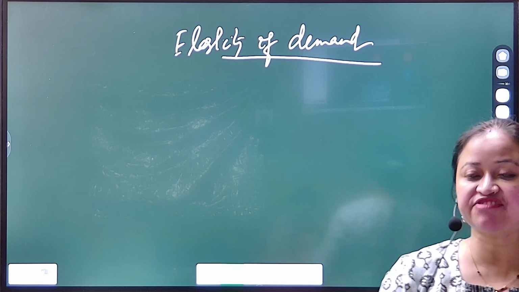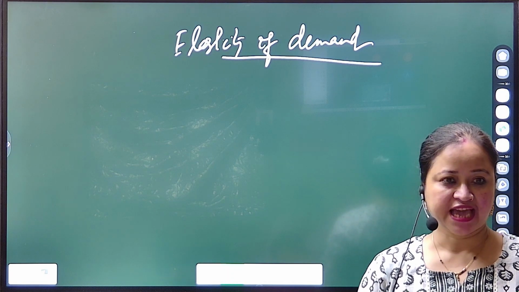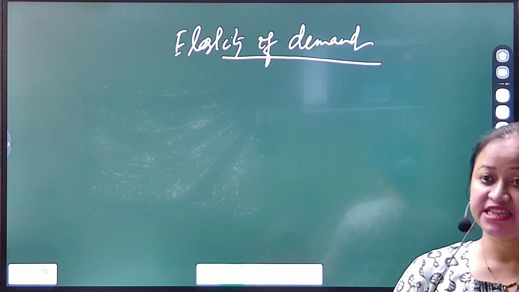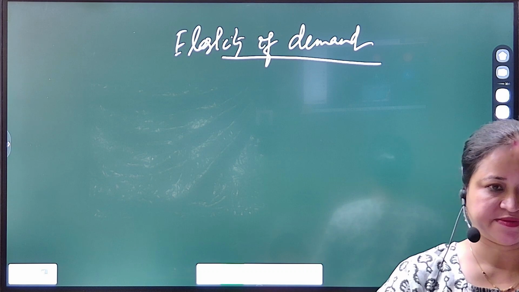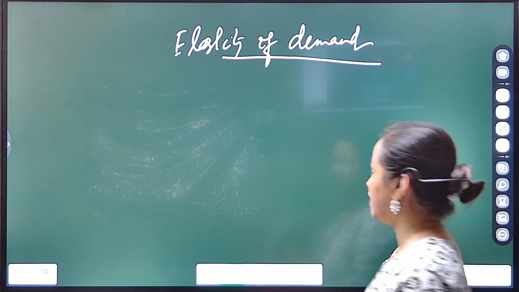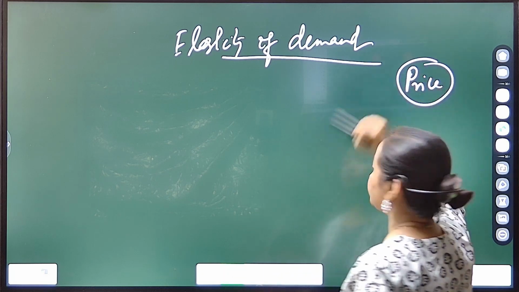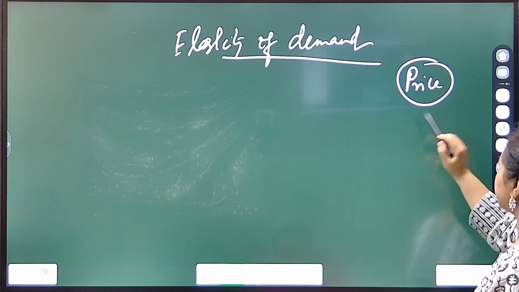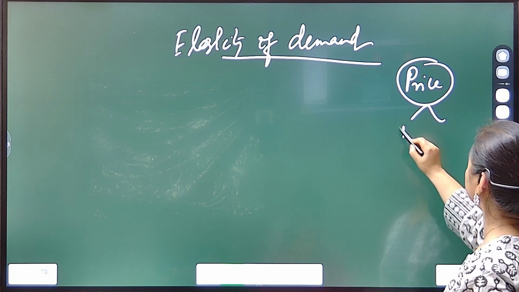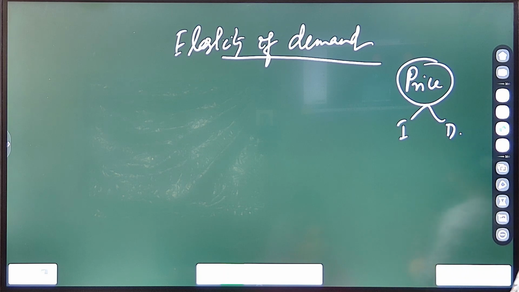So responsiveness, we can say. Whenever there is a change in price, accordingly the demand will respond to it. That is your elasticity of demand. Suppose one of the factors is your price. So due to price, if demand either increases or decreases, that is called elasticity of demand.